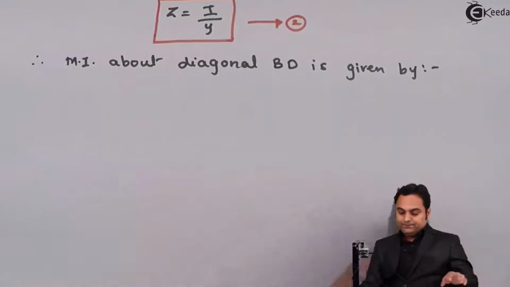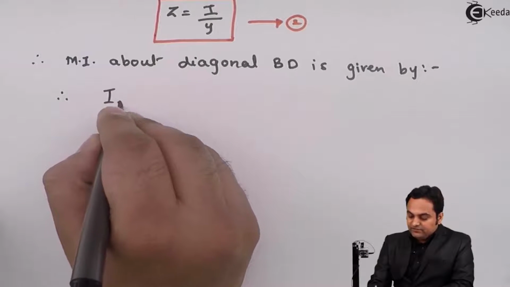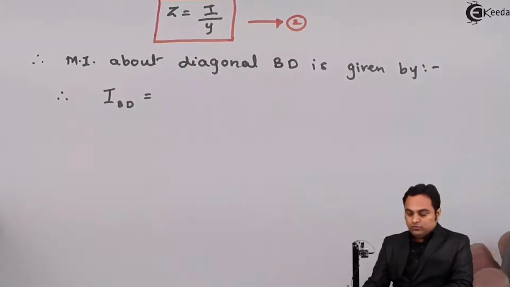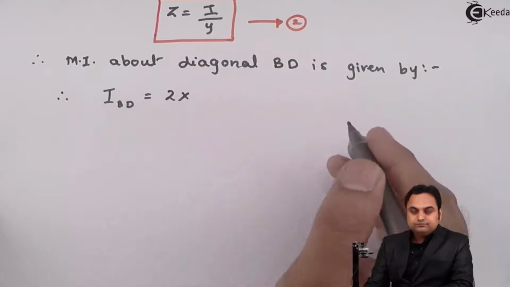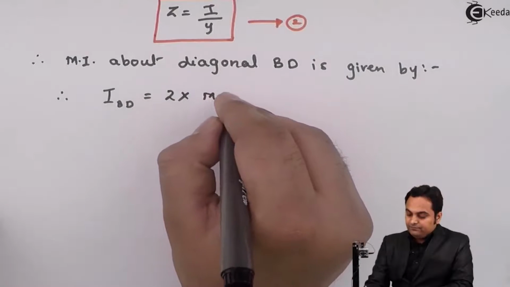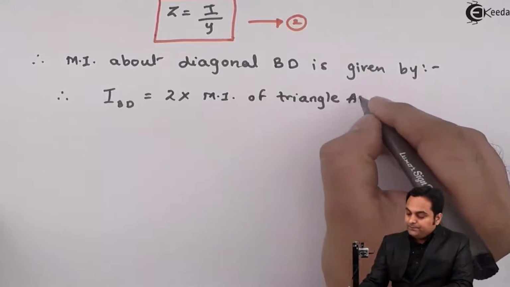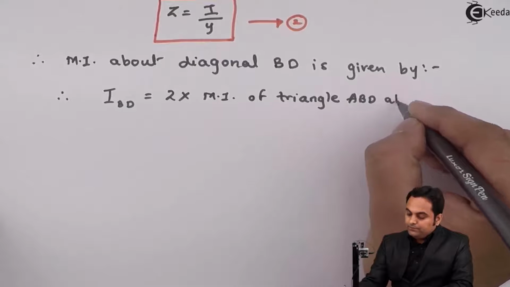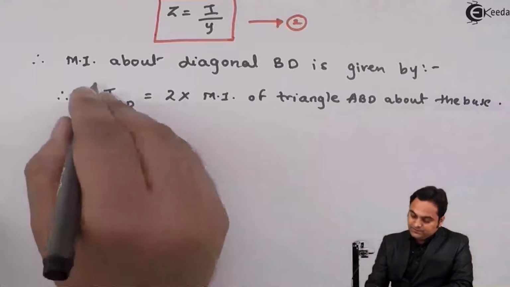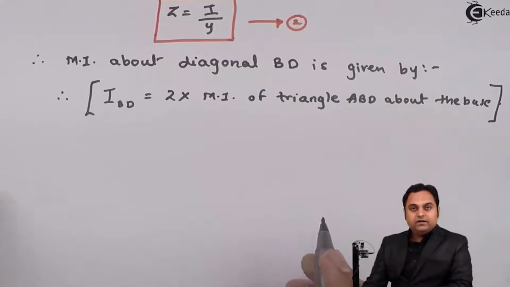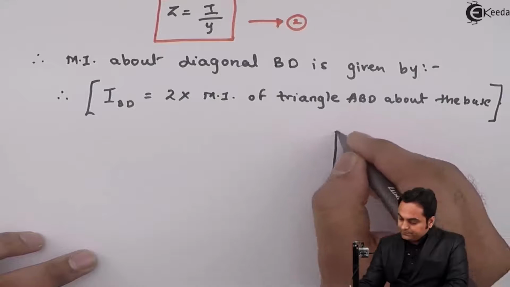So therefore MI about diagonal BD is given by I suffix BD is equal to 2 into the MI of triangle ABD about the base. Now what is this? For that I'll draw the diagram here to explain it in a more simple manner.